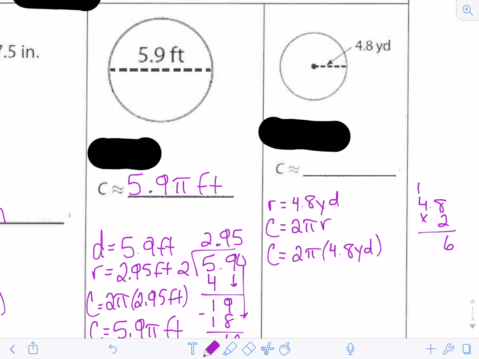Carry your 1. 2 times 4 is 8. 8 plus 1 is 9. You have 1 decimal place, so there's a decimal between my 9 and 6. So circumference is going to be equal to 9.6 pi yards.